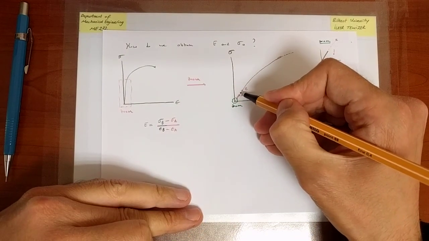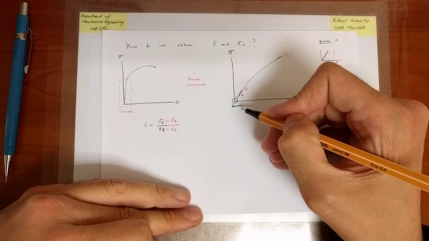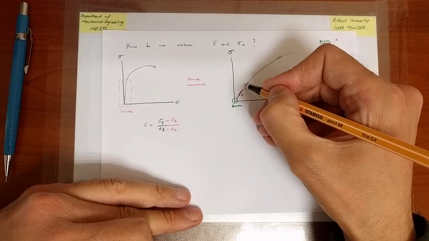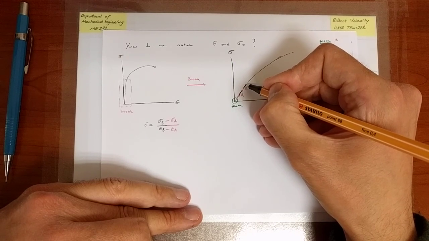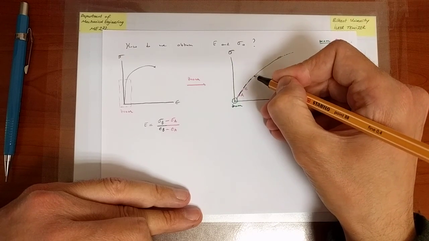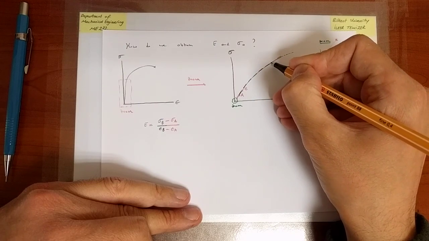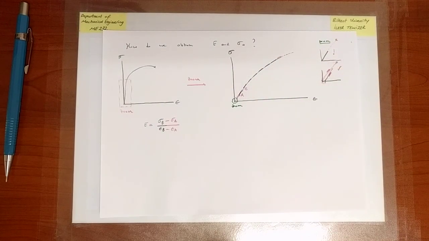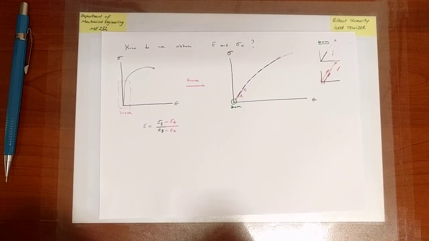Here the slope is the Young's modulus, and what I can do is I can take successive points and monitor the slope. Okay, and when the slope changes, I can say that's where yielding happened.